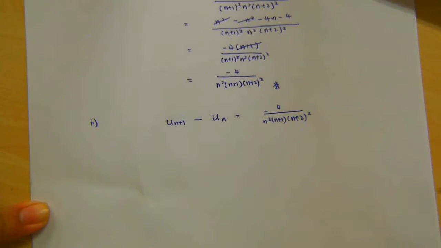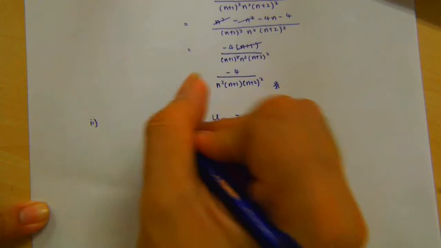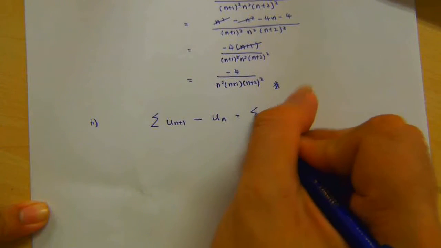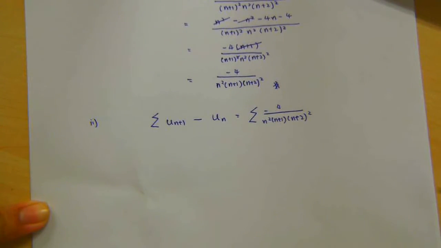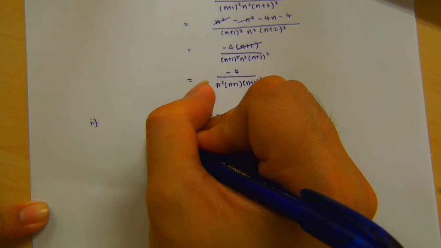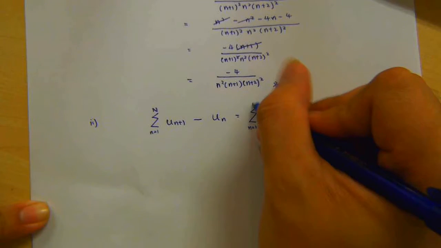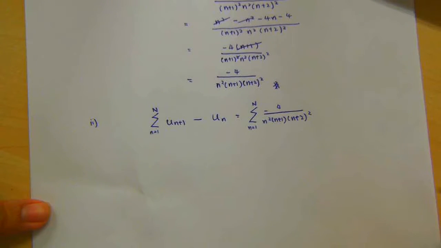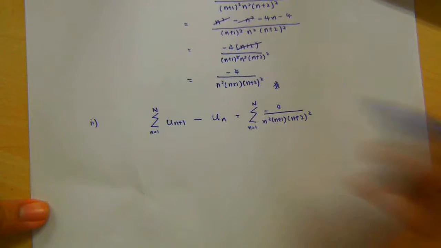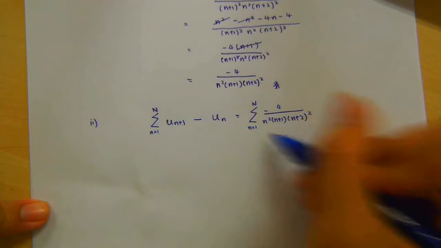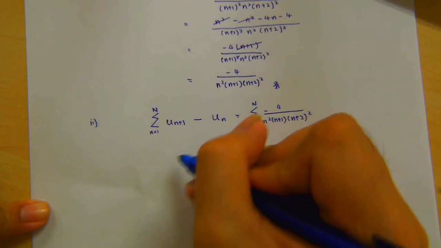So in order to obtain what is needed, we are going to apply the summation operator to both sides with lower limit n equals to 1 and upper limit capital N. So the expression on the right is what we need.